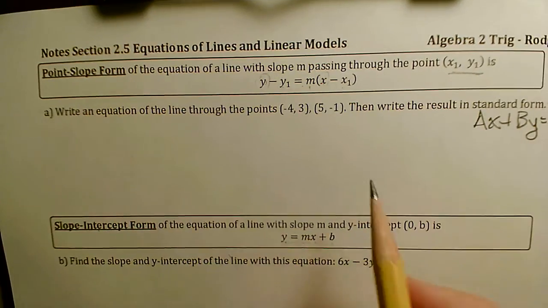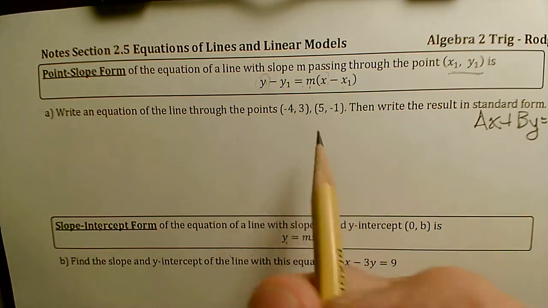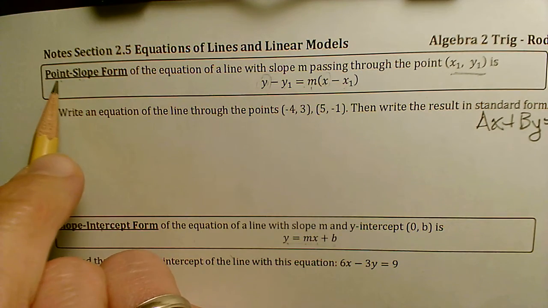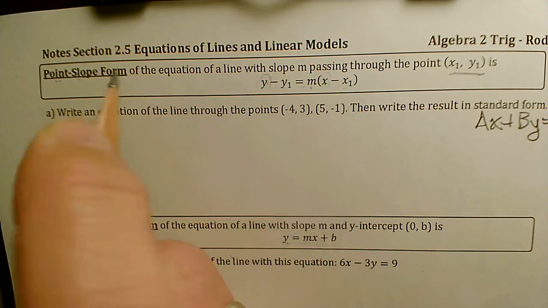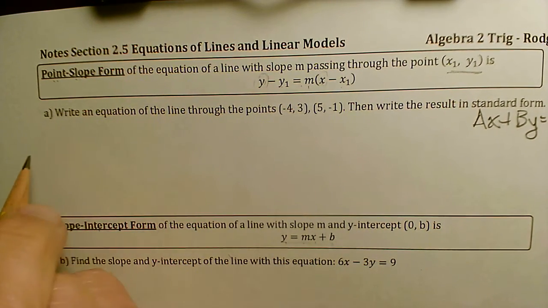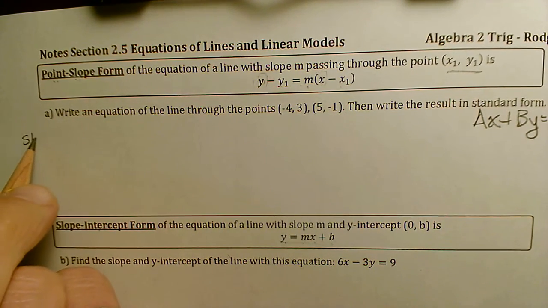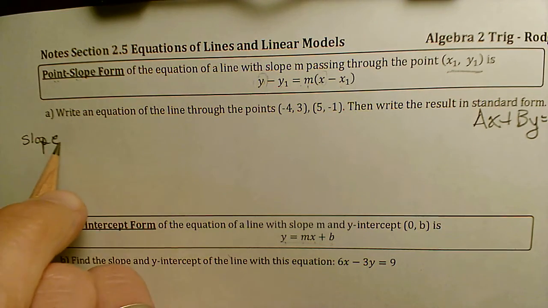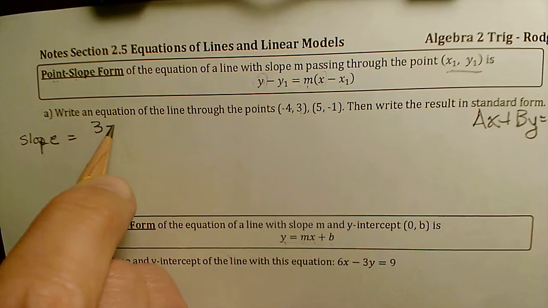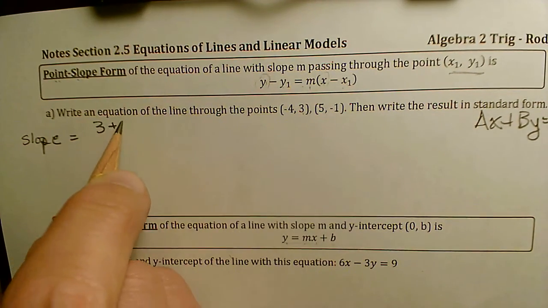So let's do it. First we want to find the slope, right? In order to write the equation in point slope form, you need the slope and you need a point. We have 2 points, so what we really need is the slope. All right, so the slope, we can take, say, for example, 3 minus a negative 1, so plus 1.